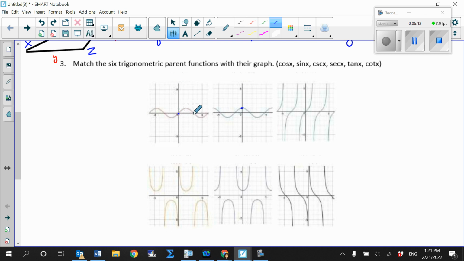So this looks like sine. This is sine of x. Cosine always starts with a high point, like this one. So this is cosine. These two are tangent and cotangent. The one which is increasing is tangent of x. The one which is decreasing is cotangent of x.